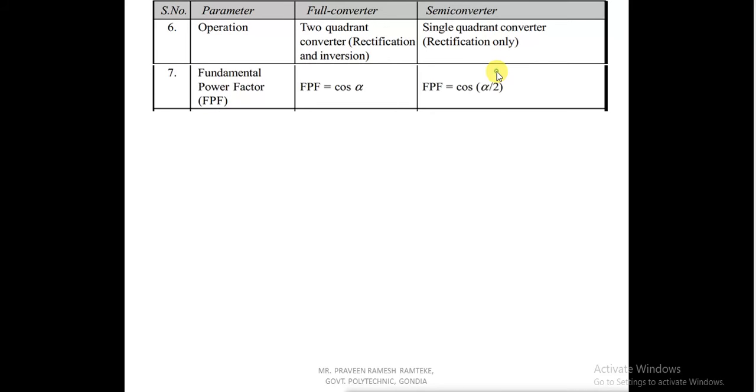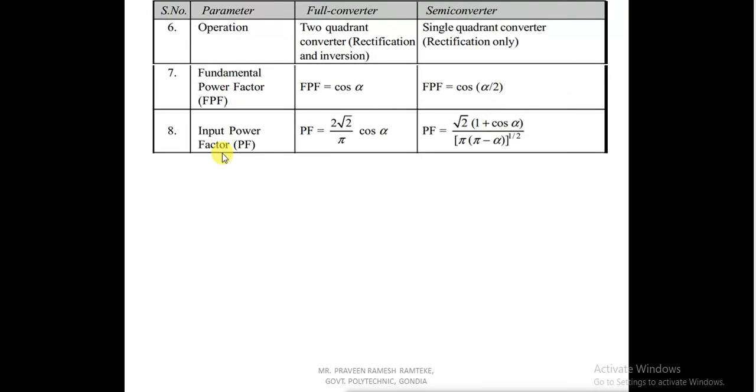Fundamental power factor is given by cos alpha for full converters, and in semi converters by cos alpha by 2. Input power factor in full converter is given by 2 by pi multiplied by cos alpha. In semi converters, it is root 2 (1 plus cos alpha) divided by the square root of pi multiplied by (pi minus alpha).